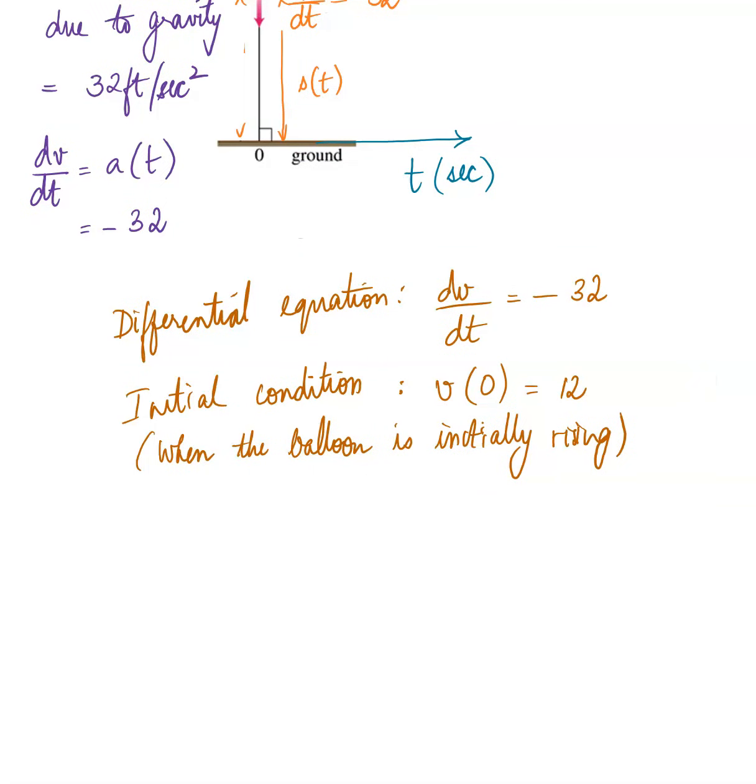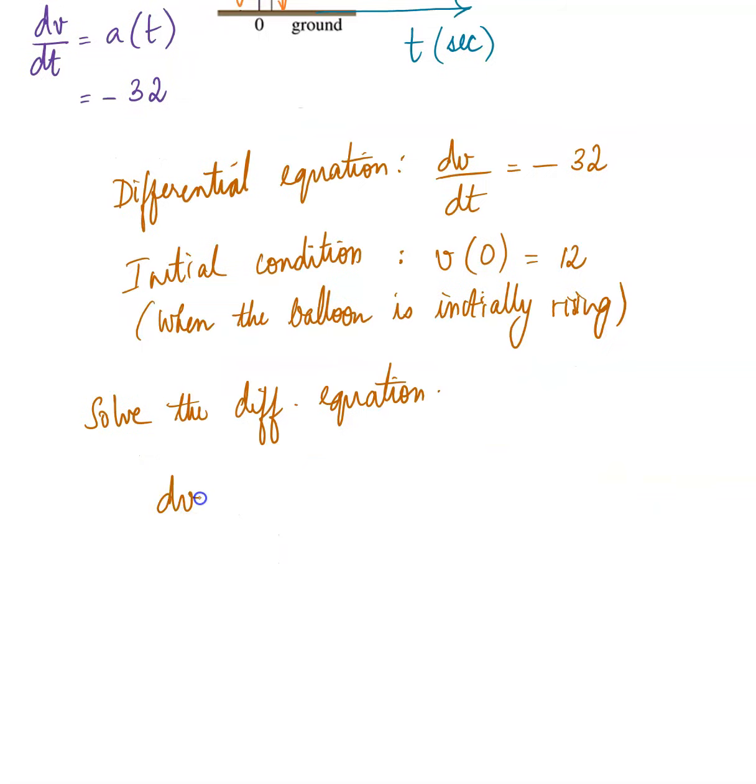Alright, so now we need to solve the differential equation. When we say solve, we actually are trying to find its antiderivative. So dv over dt is negative 32. So the antiderivative will be v, basically v of t.